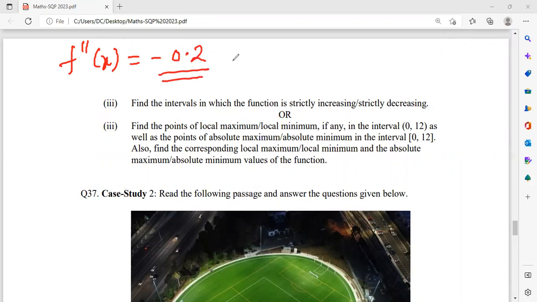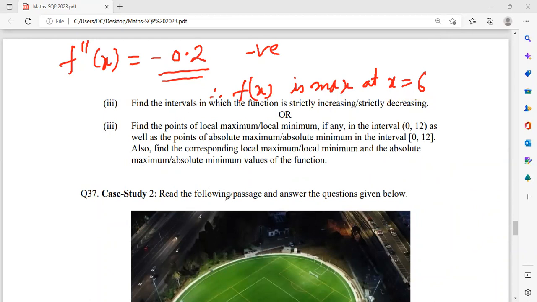Since this is negative, therefore f(x) is maximum. That means the temperature is maximum at x equal to 6. x was the number of days. So if there is an intestinal infection, after 6 days the temperature is maximum.